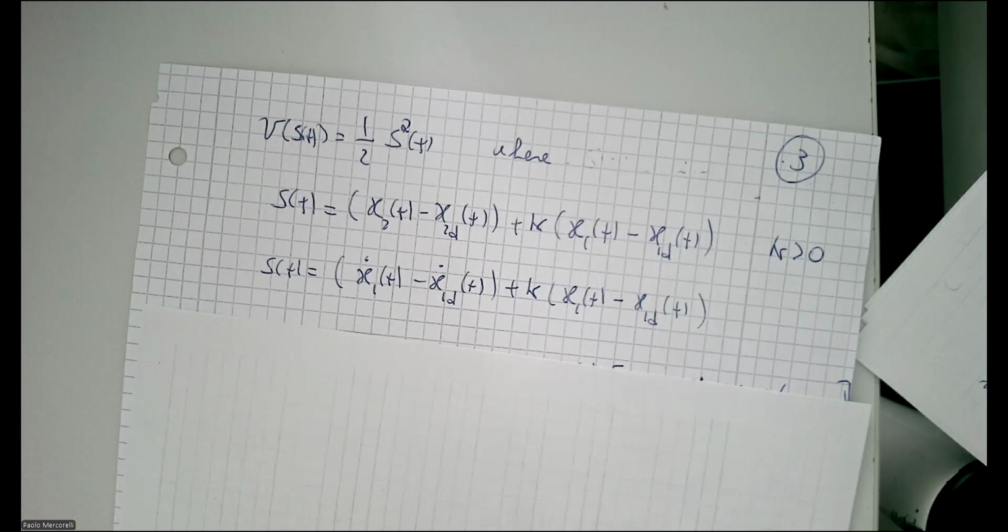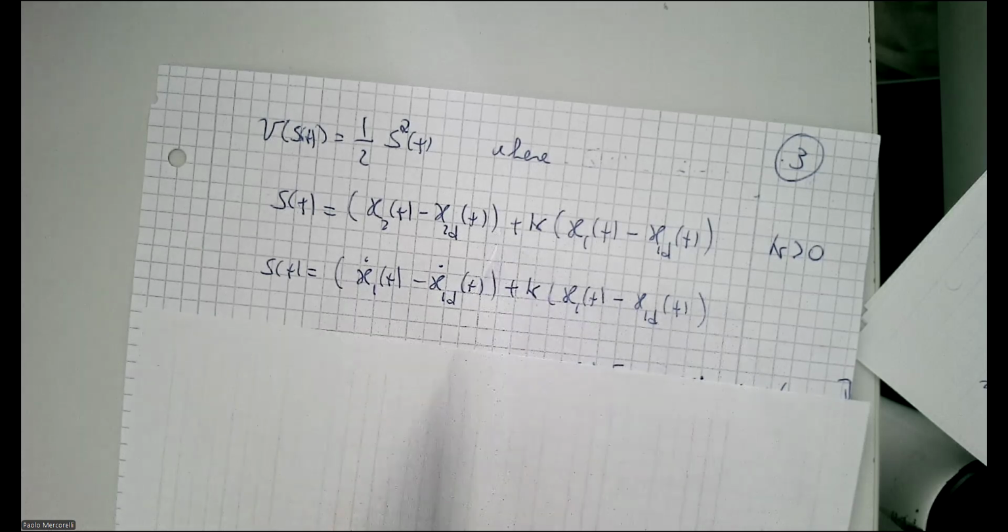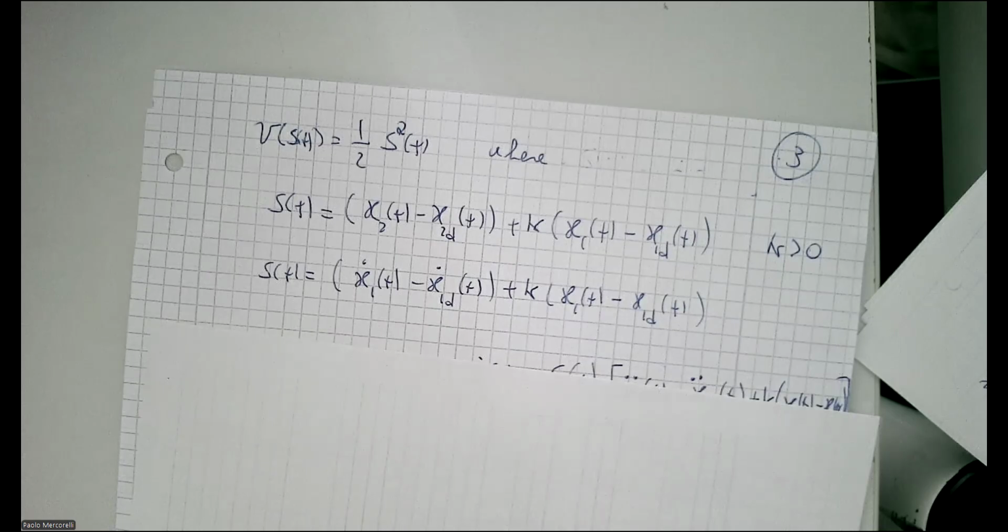The reason is not so difficult to explain theoretically. Practically, it means that I try to reduce the order of the system on the surface because I have to be able to include the input u in the control law.